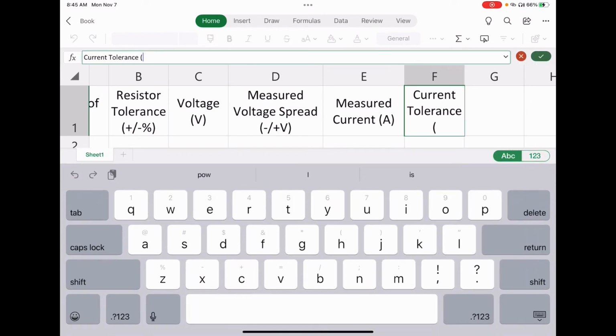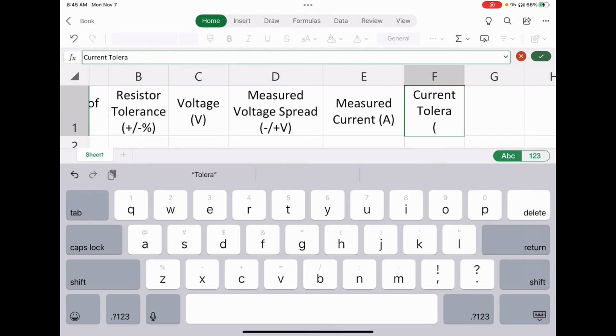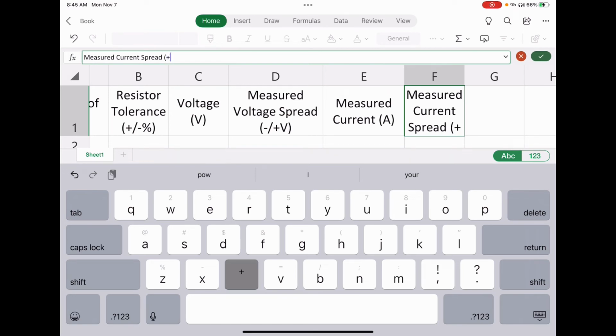And then we have a current. And I don't want to use current tolerance. I want to use measured current spread. If you come up with a better way to say this, totally fine, as long as you understand what's going on here.